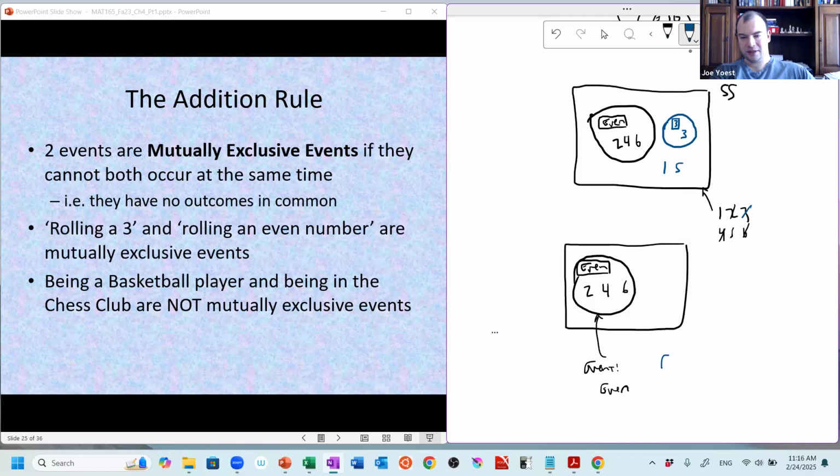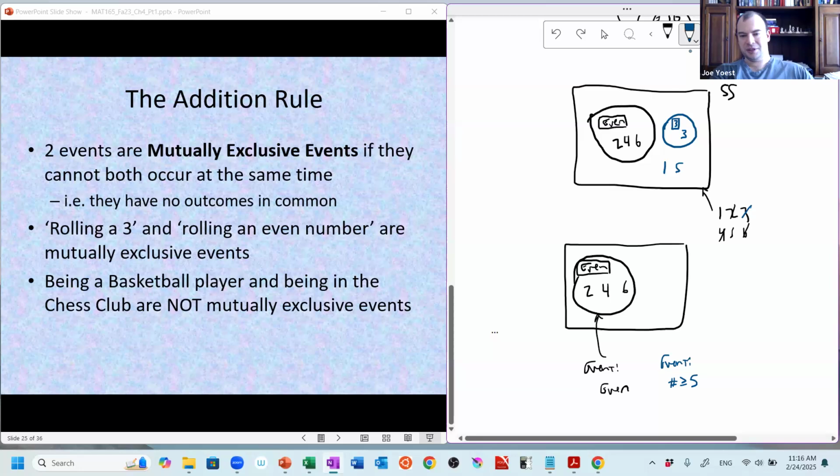And if I had another event that's roll a number bigger than or equal to 5. Well, this event, if I tried to put it over here, I would need to include 5 and 6 here, but my 6 is in 2 places now.